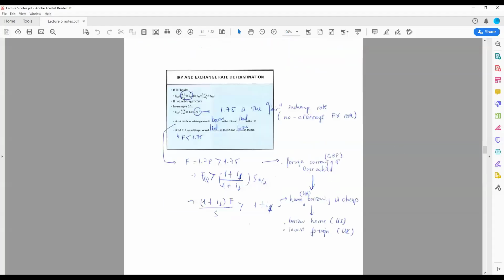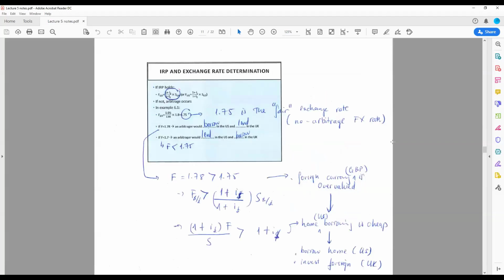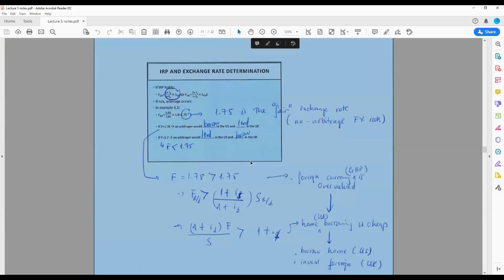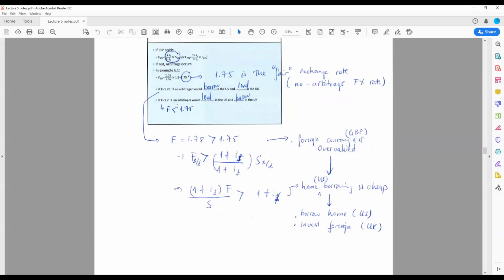All right, so this is what we are looking at. Here I've got a few notes about this slide. Suppose that we are looking at the first case, when the actual forward rate is 1.78, and this is higher than the fair rate, or the non-arbitrage exchange rate.